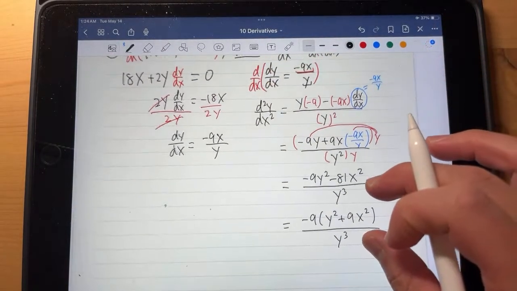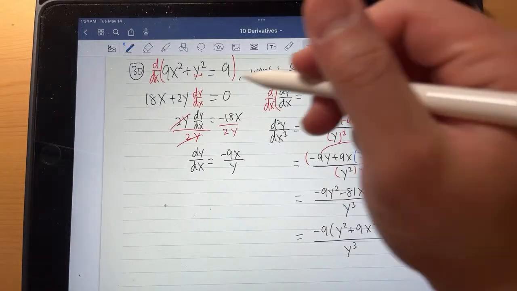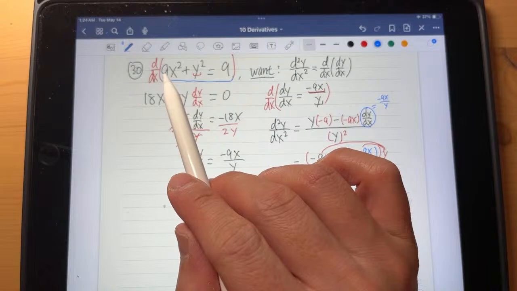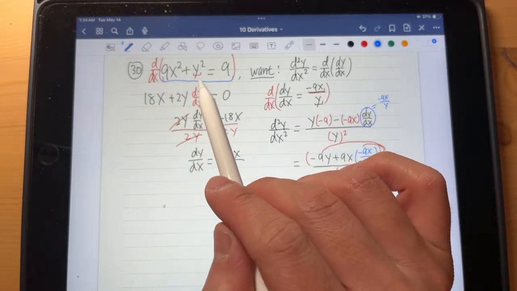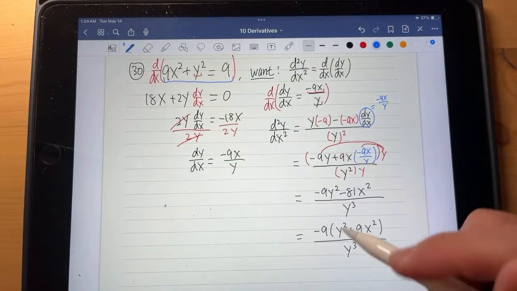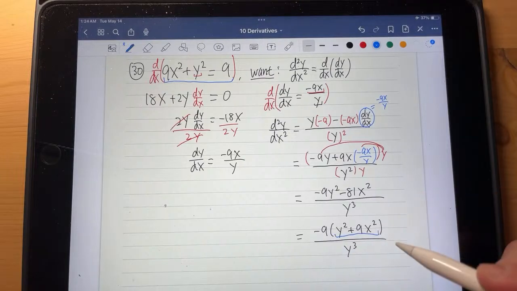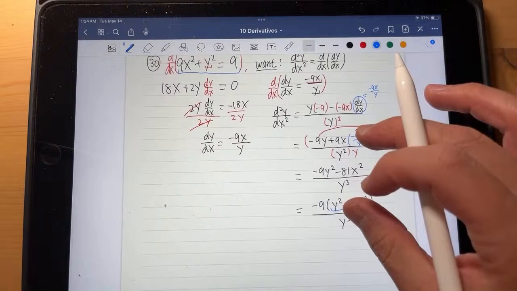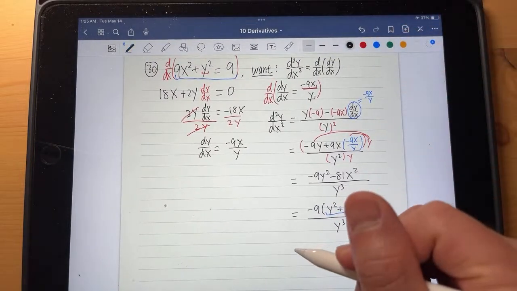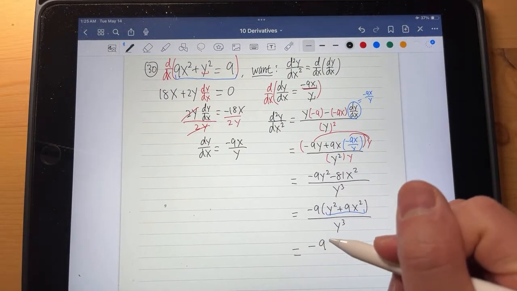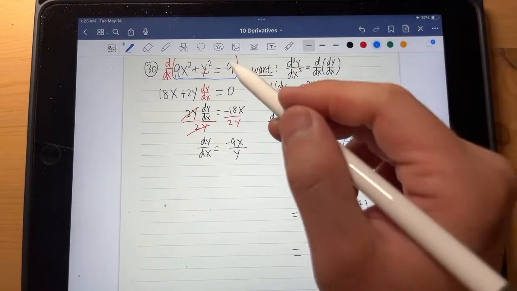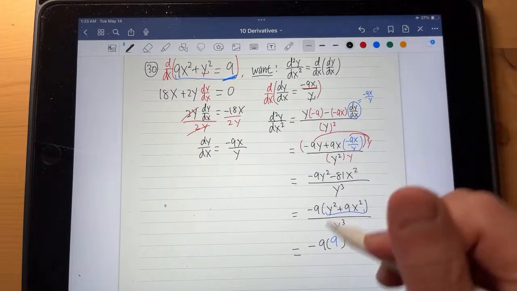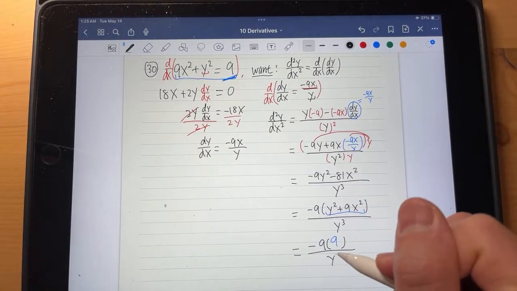And then, have a look. Originally, we have this, isn't it? 9x squared plus y squared is equal to 9, and that is exactly what we have here as well. So we can put the 9 right here. So we will get negative 9 times this 9, and then over y to the third power.